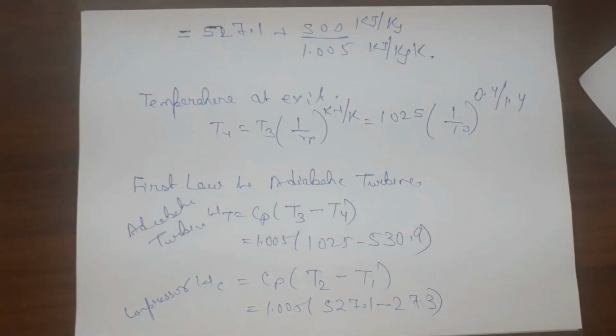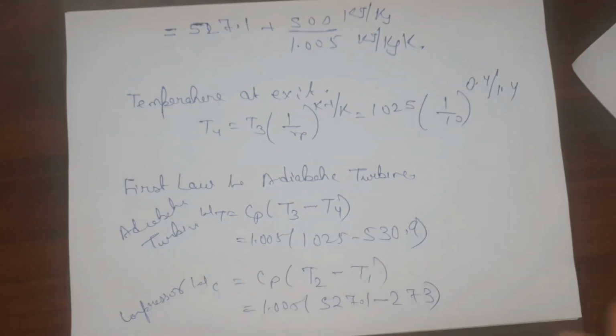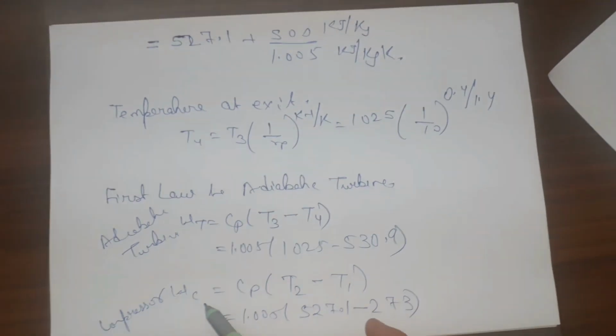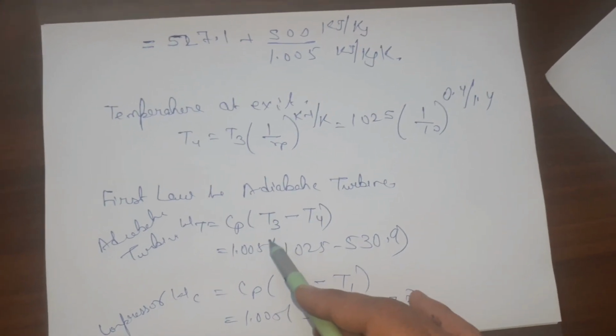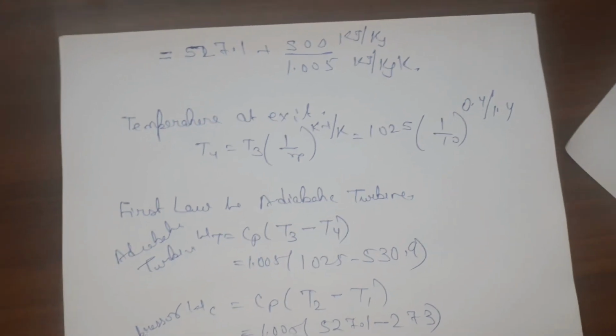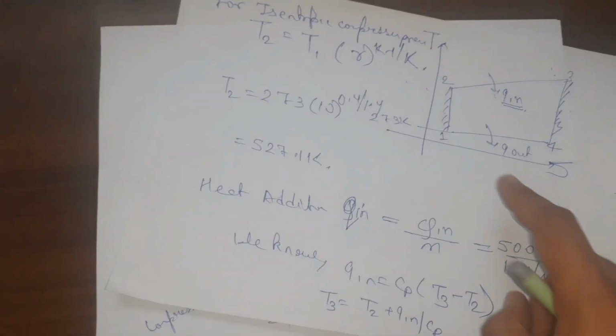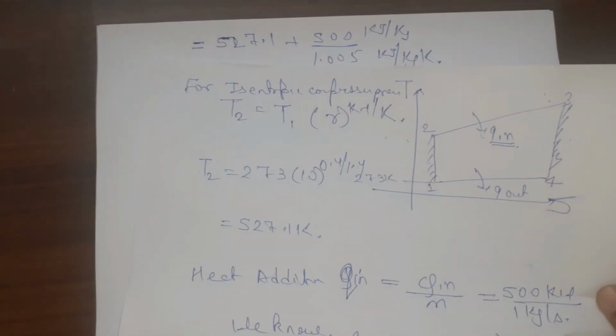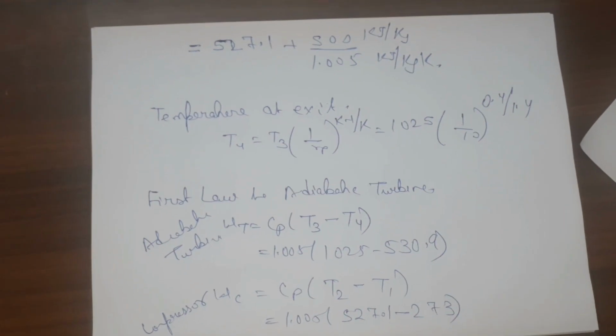Moving further, applying the first law to the adiabatic turbine, Wt is equal to Cp into (T3 minus T4). So the turbine work will be Cp into (T3 minus T4).